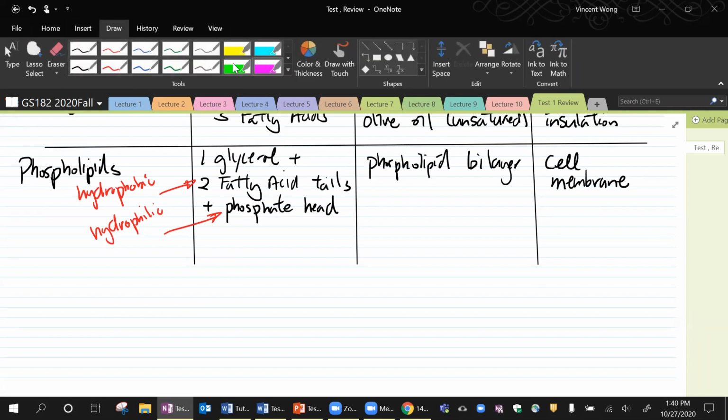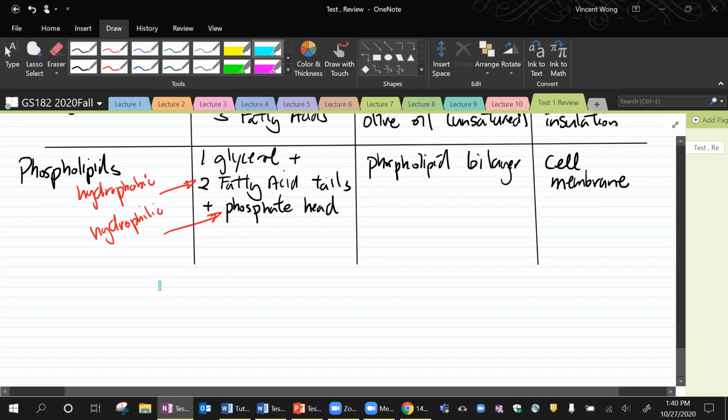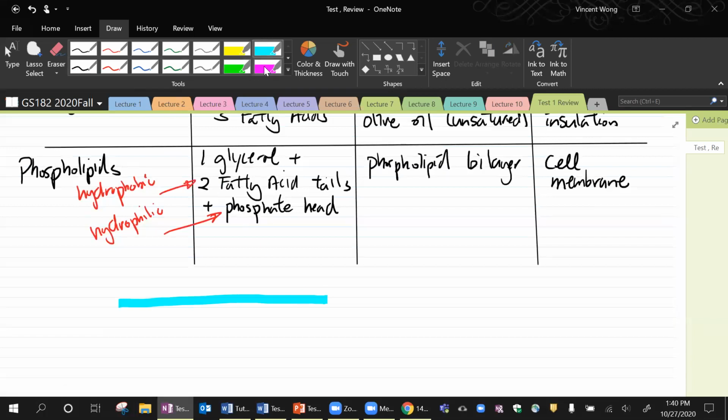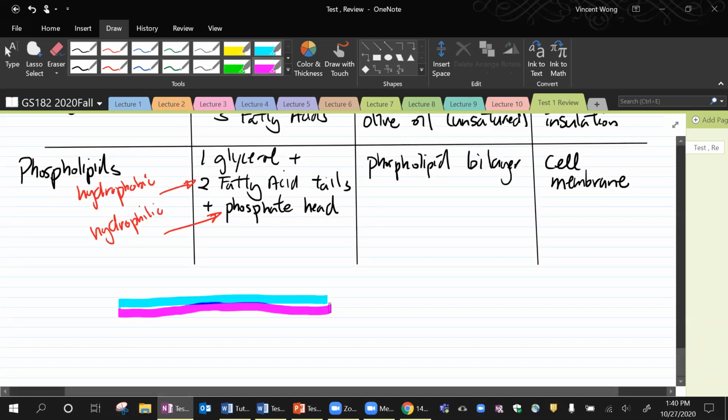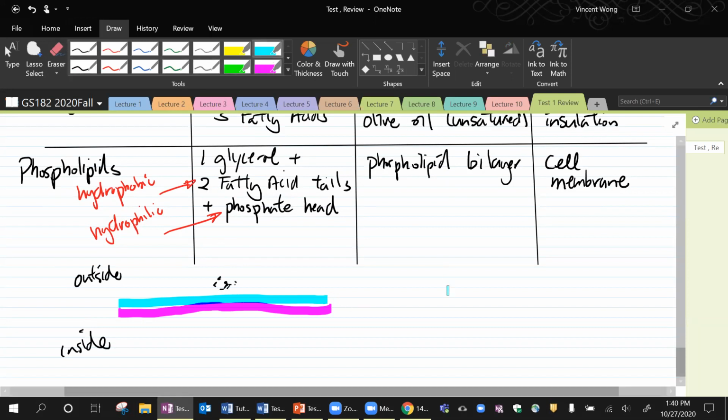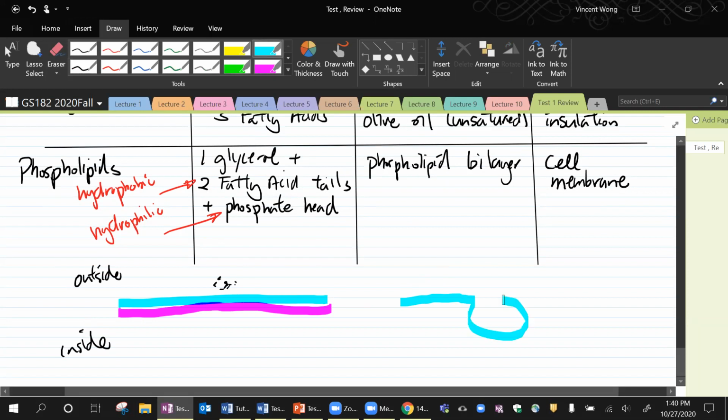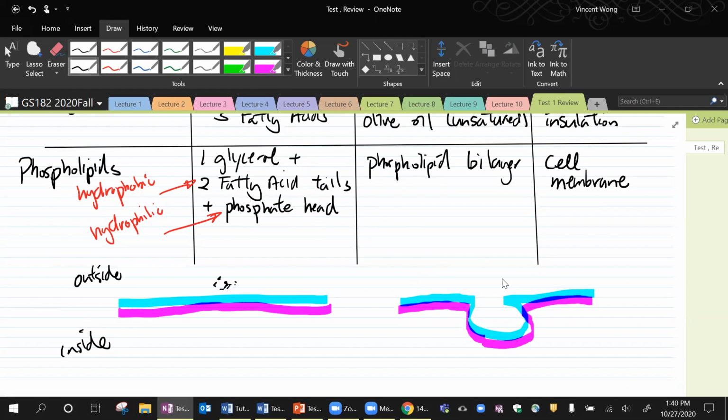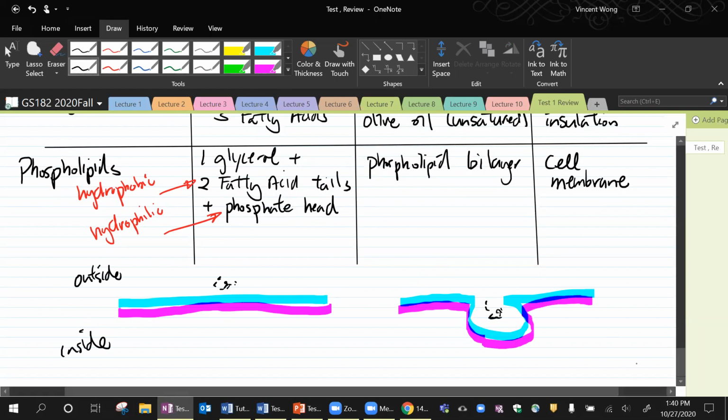Let me try to explain this. It's a phospholipid bilayer, right? Let's say this is the outer layer and this is the inner layer. This is the outside of the cell, and this is the inside. Let's say there is some particle here that you want to take in. What's going to happen is this, like that, and then like this. Then you're going to have the particle here.